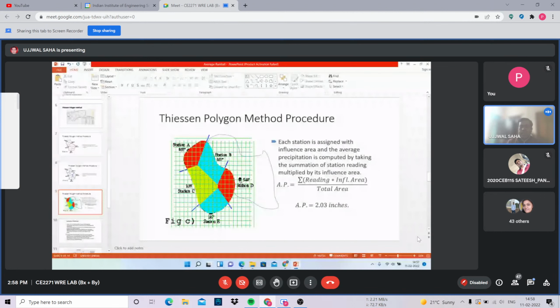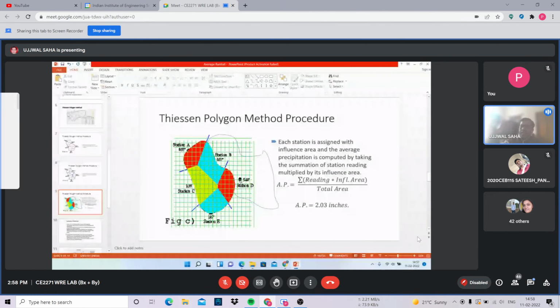This is an educational institute, so we are making a rain gauge station there. We cannot install a rain gauge station at any place, so this is how we fix the rain gauge station.